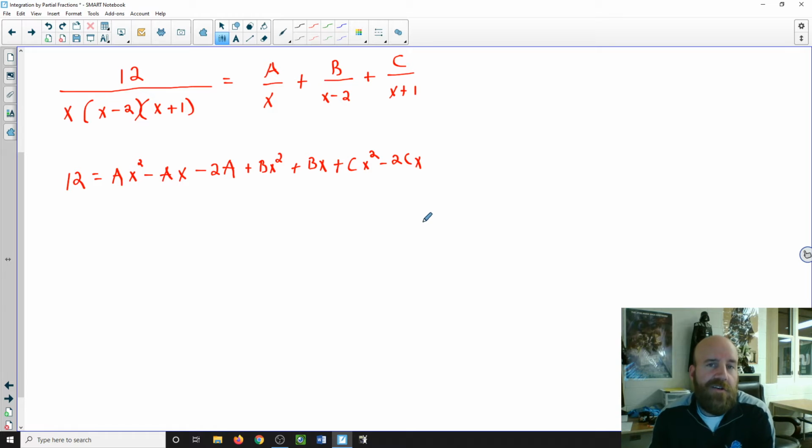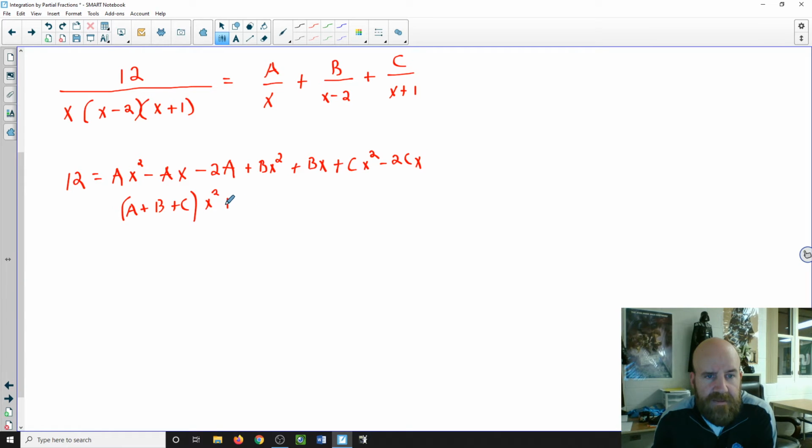So now we group like terms together and pull the common factor out. So we have 3 x squared terms: a plus b plus c. And that's our x squared term. Pulled that out, and now we have a negative ax, bx, and a negative 2cx.